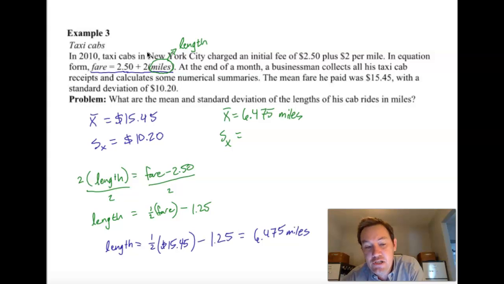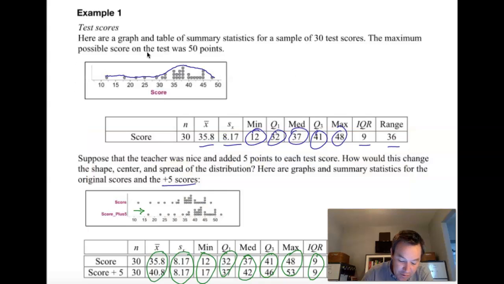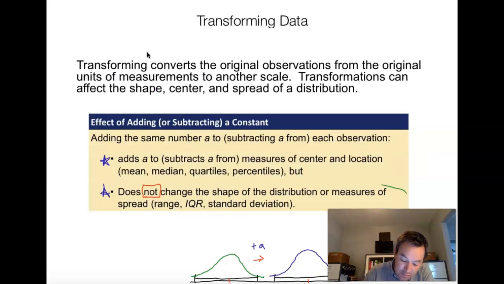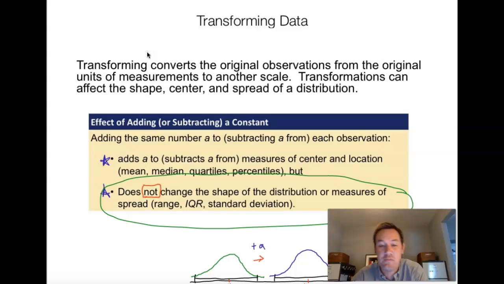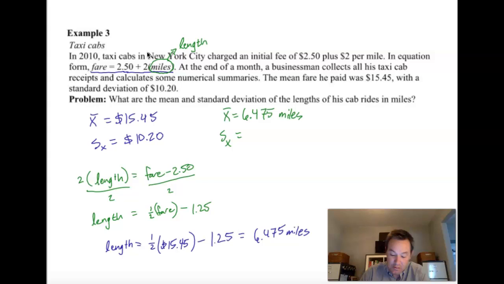So standard deviation is a measure of spread. We know that measures of spread are impacted by multiplying, but measures of spread are not impacted by addition or subtraction. Meaning when I want to apply that transformation formula to the standard deviation, I'm going to ignore the minus 1.25 because that's just a subtraction of a constant, and measures of spread are not impacted by subtracting.